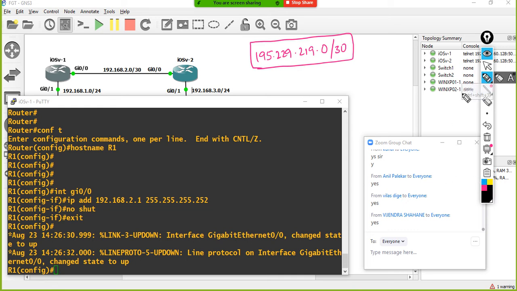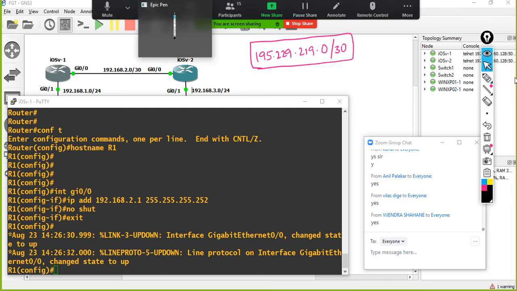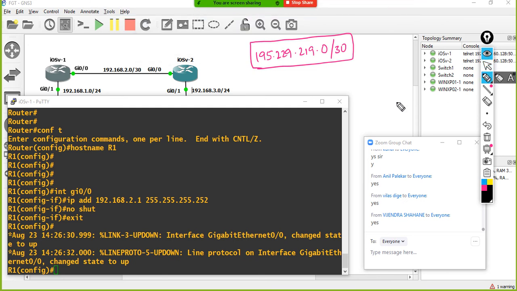What is the network ID and what is the broadcast ID? Everybody, help me out.